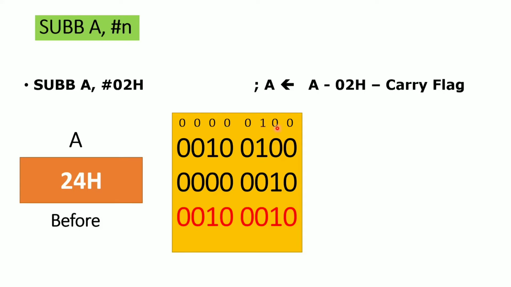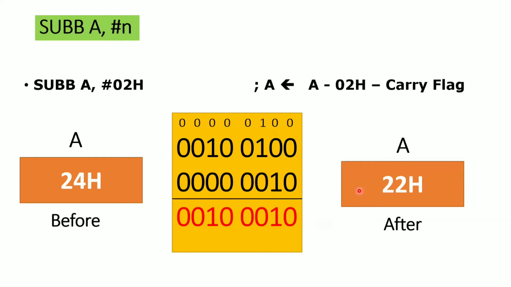You will take that borrow, so you will get 1, and 1 minus 1 gives 0. So you get your result 22H. Okay, now you understood, right? Whenever you want to subtract any number from 0, you take the borrow. I'm sure you know this addition and subtraction operation rule.